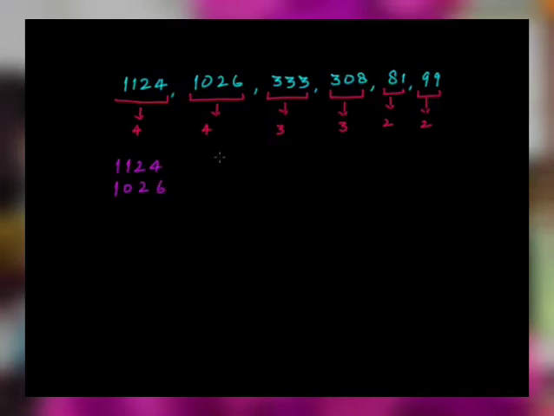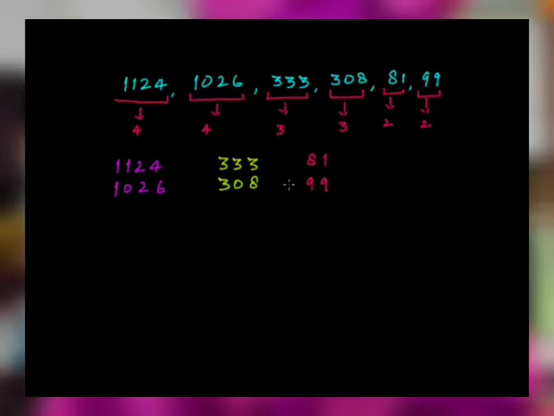Now the 3 digit numbers we have 333, 308, and then come the 2 digit numbers, 81 and 99. Okay, now we have grouped the numbers on the basis of the number of digits.